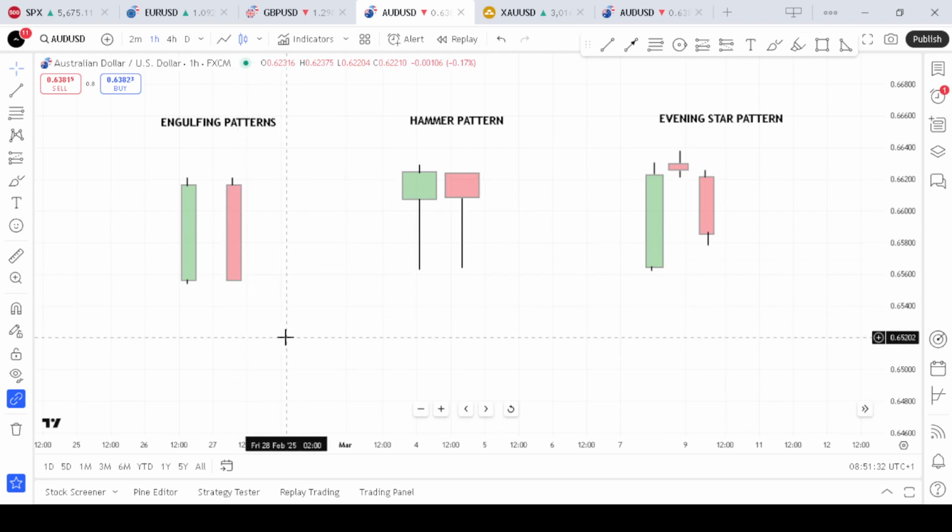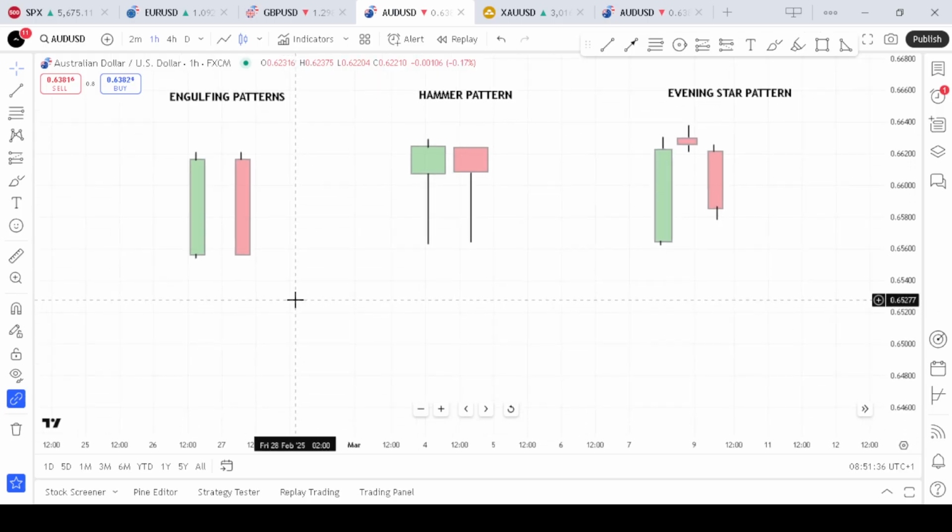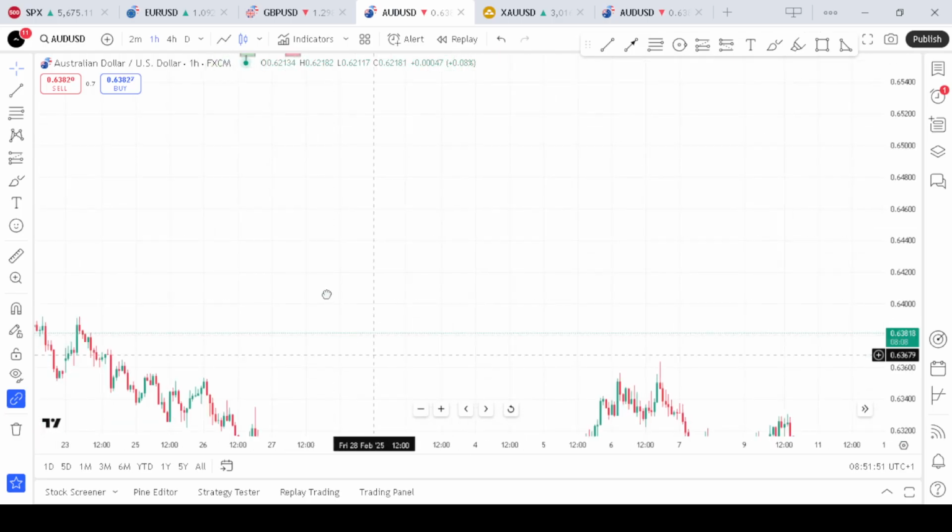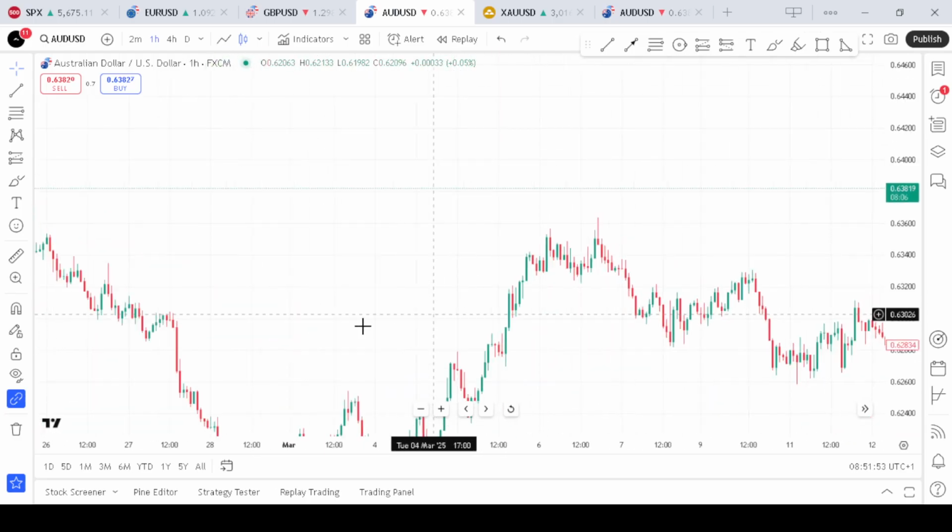These patterns help traders identify shifts in market sentiment and make informed trading decisions based on recognizing potential trend reversals or continuations. However, no pattern guarantees a specific outcome, as they represent tendencies rather than certainty. If we look at such patterns on the chart, you'll be able to spot one or two of them.